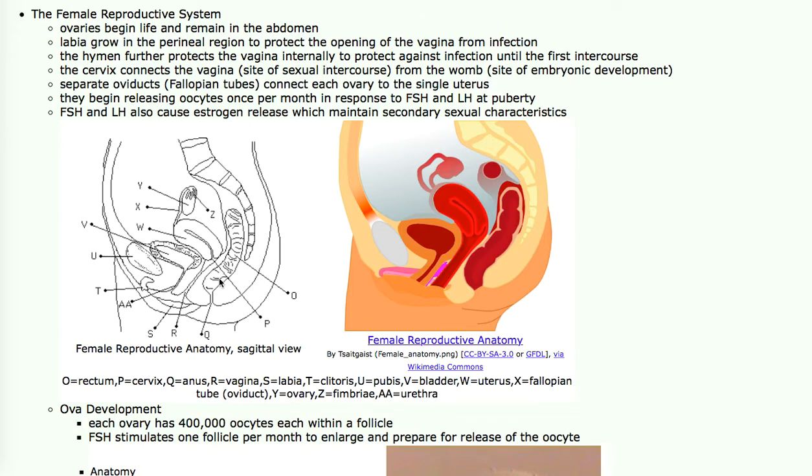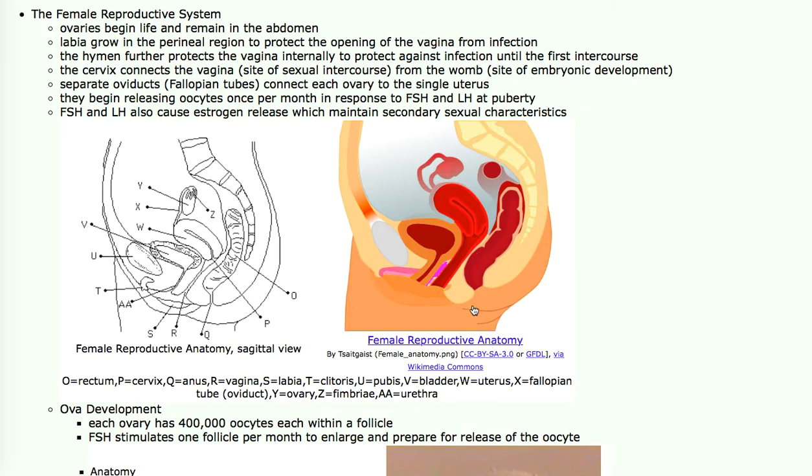The proximity of the anus to the vagina means that hygiene is of utmost importance for females. If bacteria get from the anus to the vagina, reproductive tract infections can occur, and if they get up to the urethra, urinary tract infections occur, and both of those are hazardous to health.